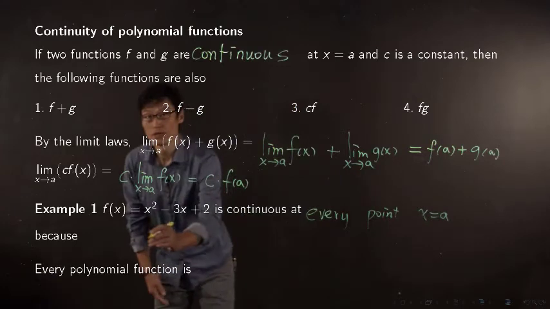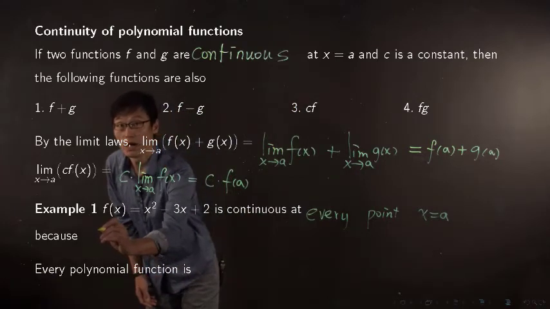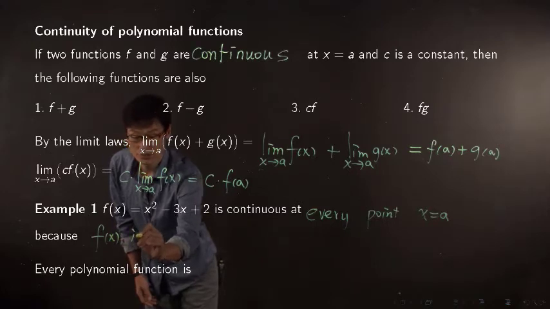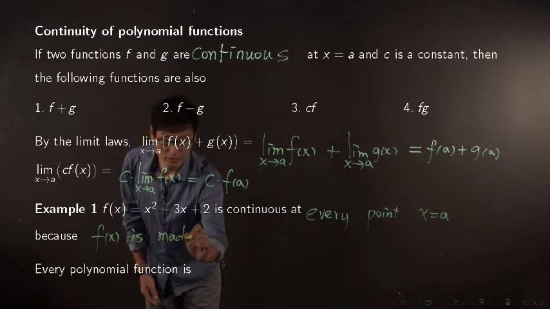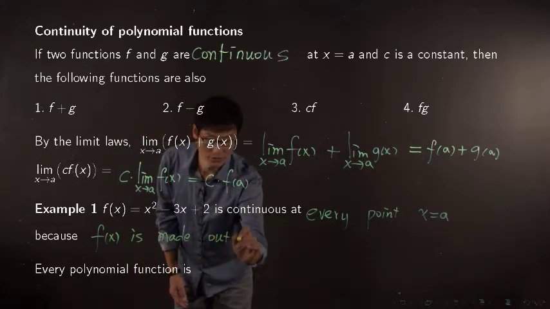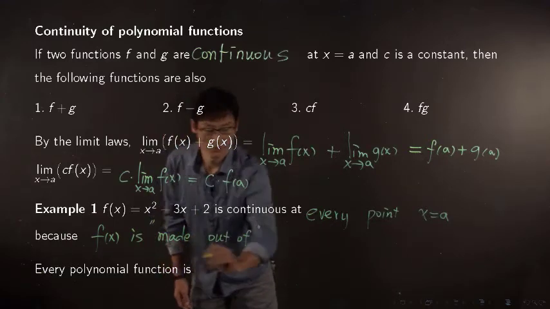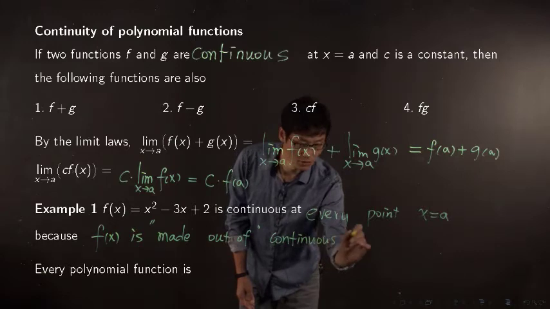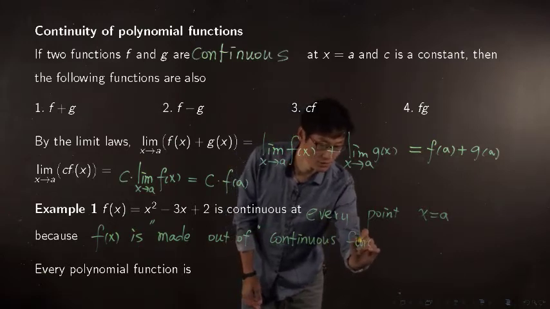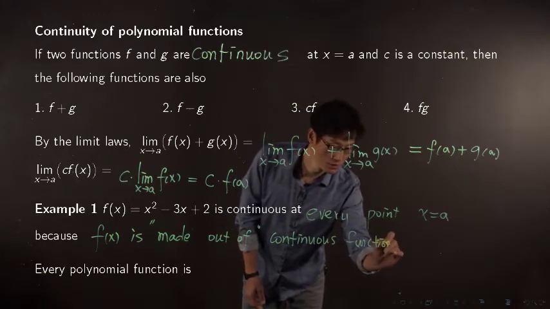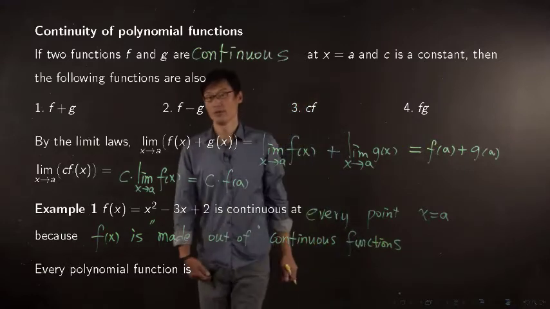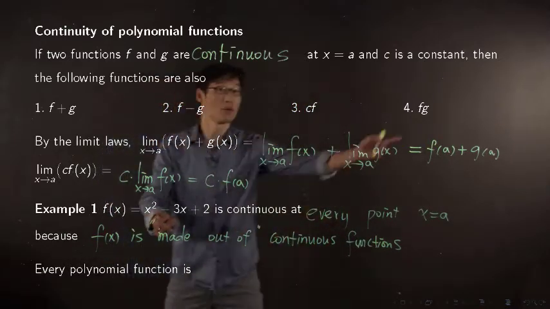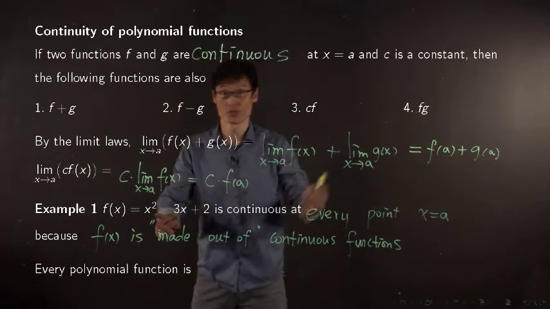So because f is made out of continuous functions, so for example, the first term, x squared, is product of two functions x.